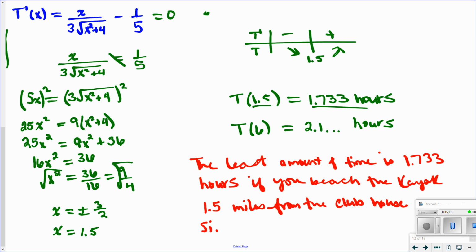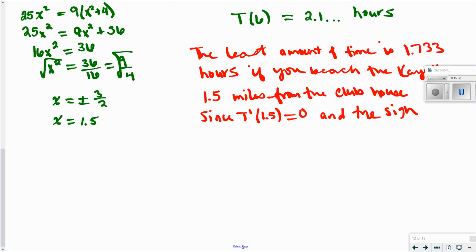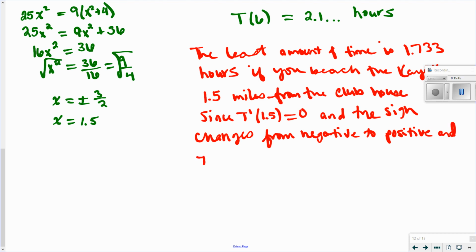Since t prime of 1.5 equals 0, and the sign changes from negative to positive here, t of 1.5 is less than t of 2.